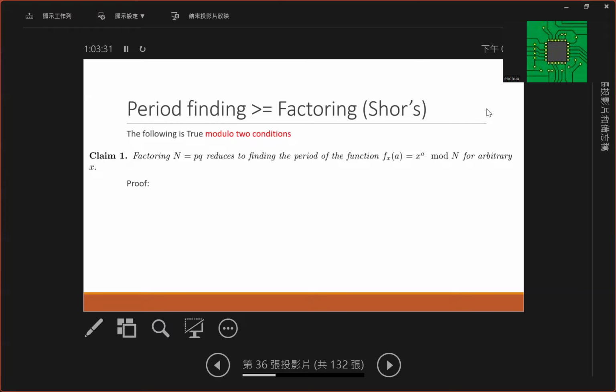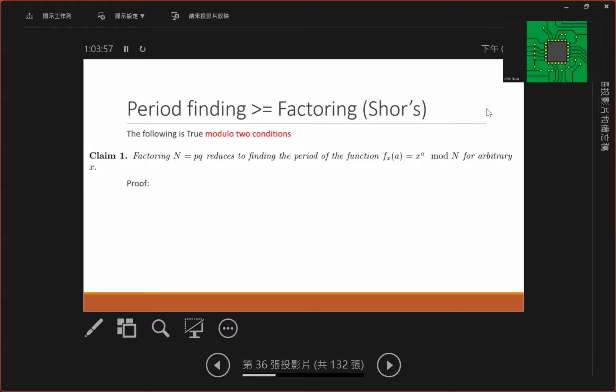If r is even, and the second condition is the GCD of this, meaning that this cannot happen, and it's easy to check whether this happened or not.